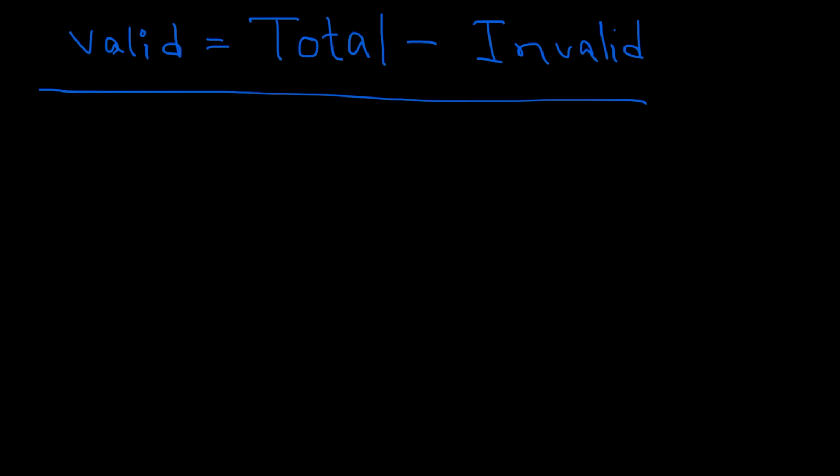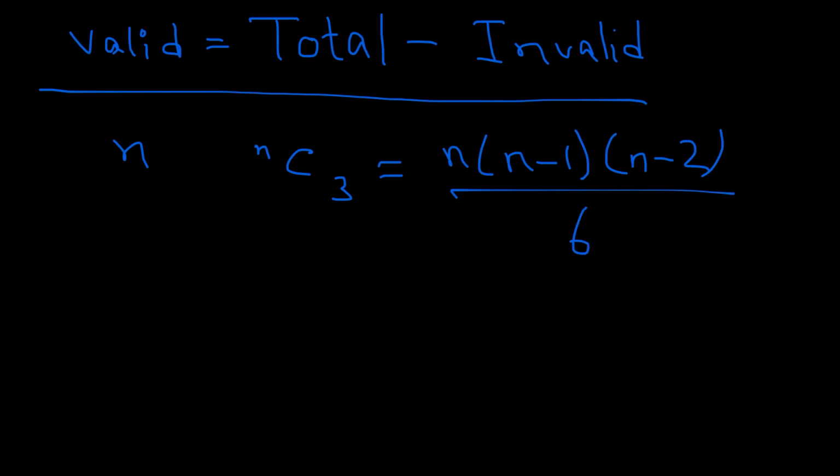So how do we find the total? We know that if there are n problems and I have to select three, the number of ways is nC3. That is the formula for combination. It is equal to n times (n minus 1) times (n minus 2) divided by 6.